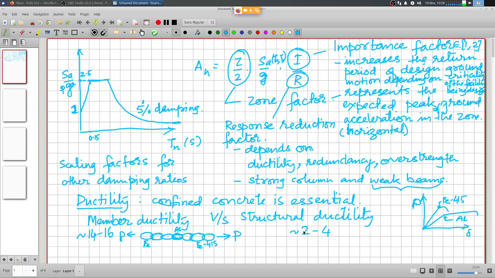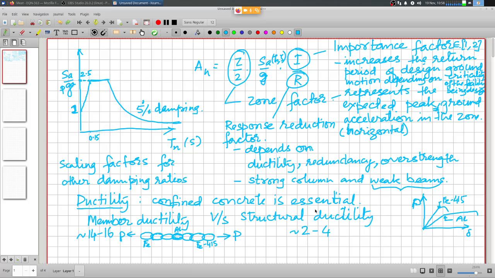It is the total structural system which actually participates in the seismic response, and the overall ductility at the structural level is actually very, very small. So if the member ductility is of the order of 14 or 15, that corresponds to a total structural ductility of the order of 4 or 5, right?